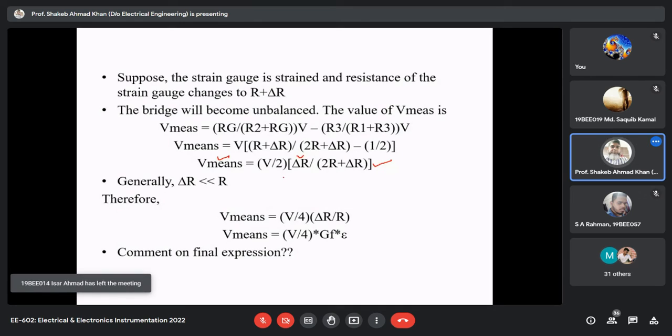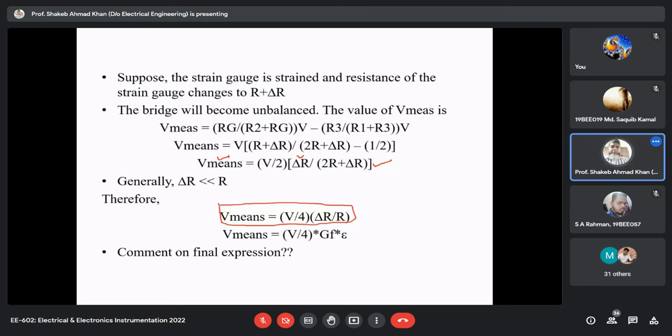Now we'll make certain approximations, because delta R in the case of a strain gauge is generally very small. So in the denominator, in comparison to R, we can neglect delta R. This particular expression you had already derived in the case of the voltage sensitive bridge earlier in the first unit.